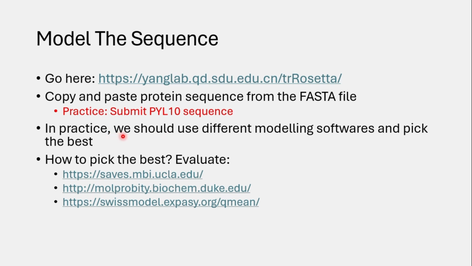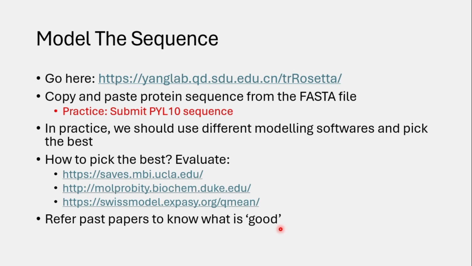However, in practice, we should model the sequence using different modeling software and evaluate them using different evaluation servers. I'm not going to explain in detail what this does. This is for you to refer to on your own. But the idea is they will give particular scores, and what score is considered good actually depends upon past papers.